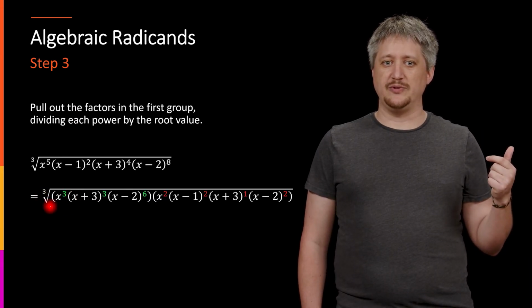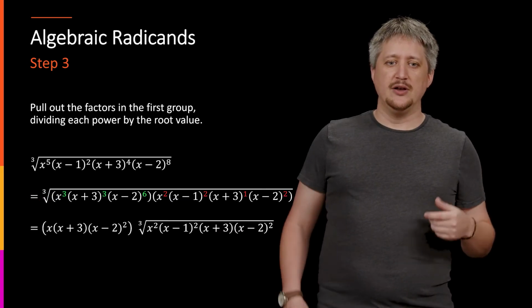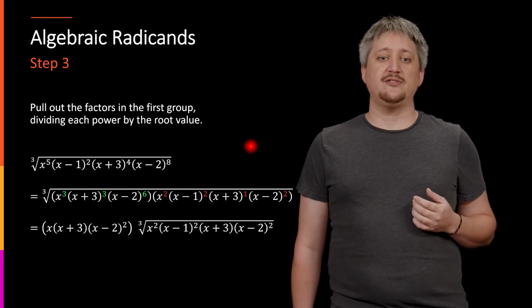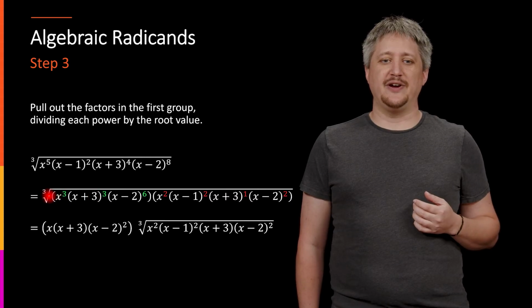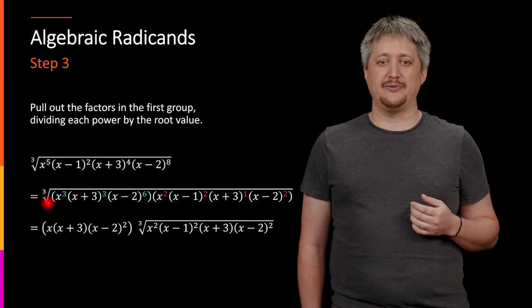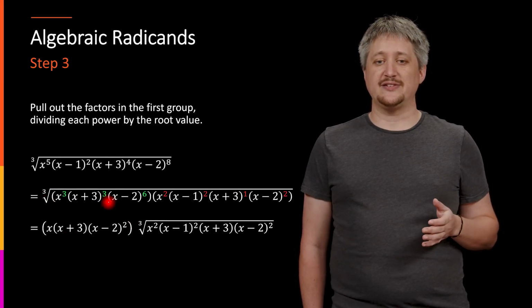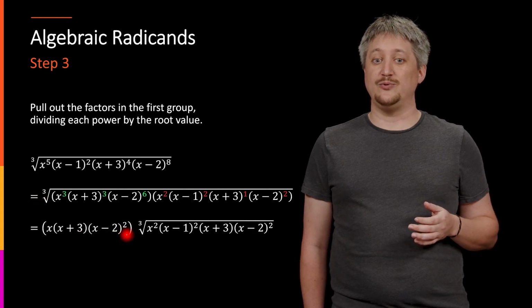So (x+3)^3, I'm going to divide that 3 by the root value, this other 3. So when I do that, I'm going to get x+3, because it's 3 divided by 3, and (x-2)^6, so that's 6 divided by 3, that's going to get me a square, so (x-2)^2.